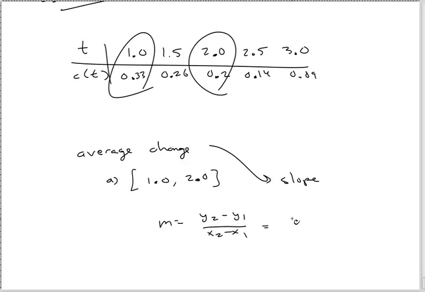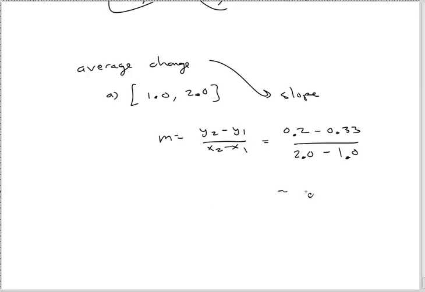And so my y values would be 0.2 minus 0.33 divided by 2.0 minus 1.0. I'm just grabbing those values. Plugging it all in, I got negative 0.13, and there you go. After that, part B and part C and all that stuff is just going to repeat it. No problem. Keep moving.